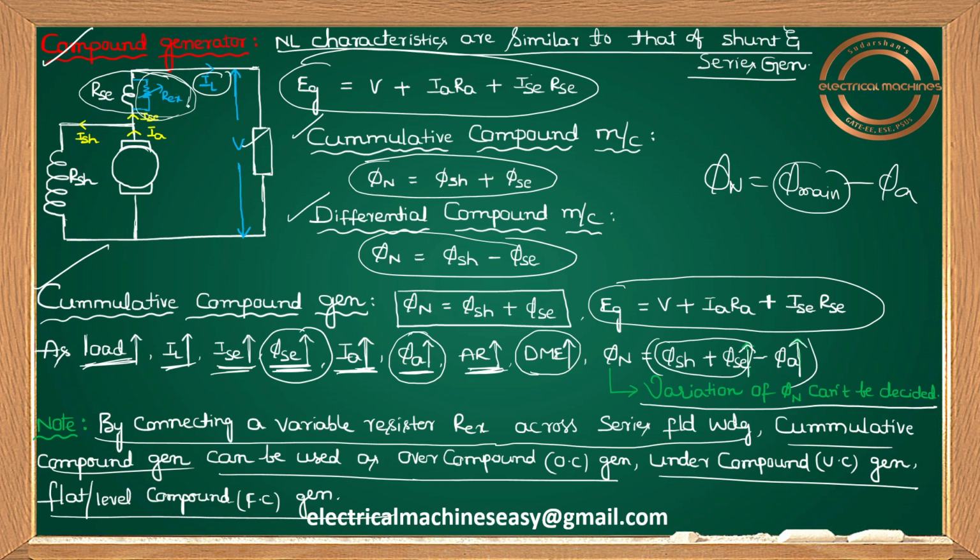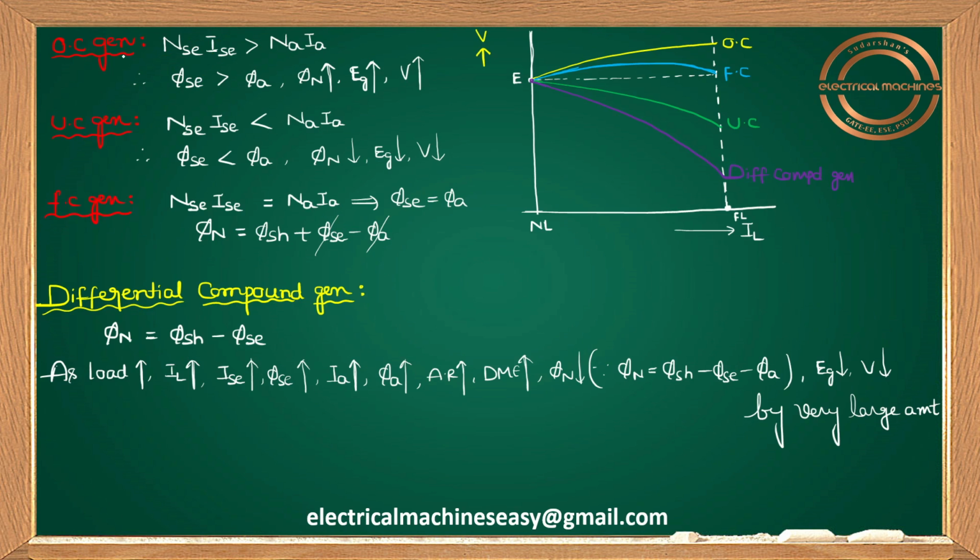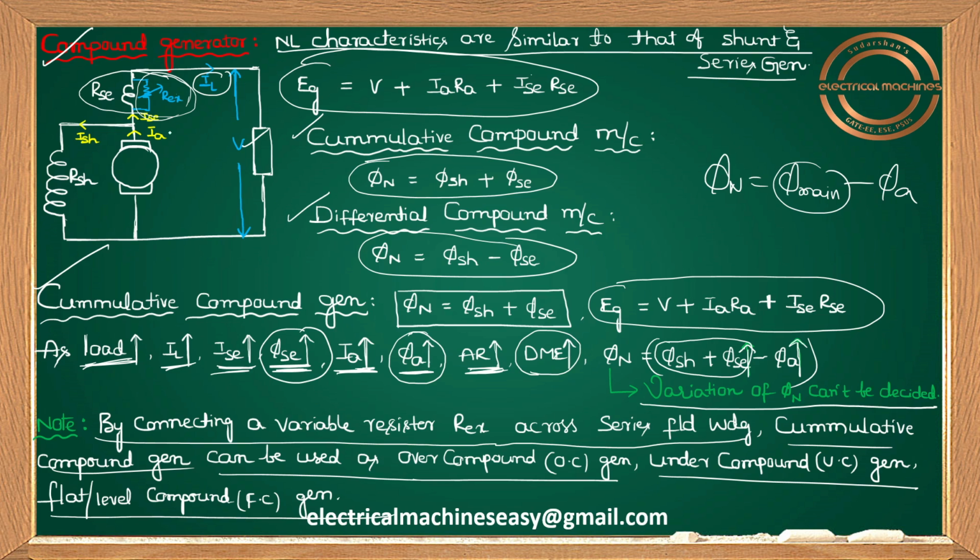We'll see. So guys, let us see first of all the over compound generator. Very simple. In the over compound generator case, by varying this variable resistor Rex, I'll maintain such that the series field winding MMF is more than the armature MMF.